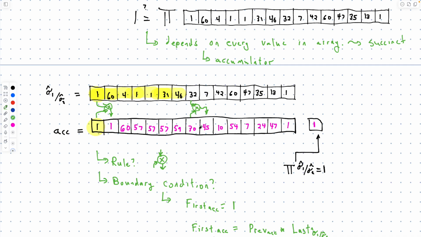So I can prove to you that the 45 is right by only considering 2 other values. And that's true of the entire vector, maybe with the exception of the boundary conditions, which we have to work through. So I took a rule that is about the whole vector and made it a smaller local rule, where you only have to reference 2 other things. And I can apply that rule to all the elements of the vector at the same time.